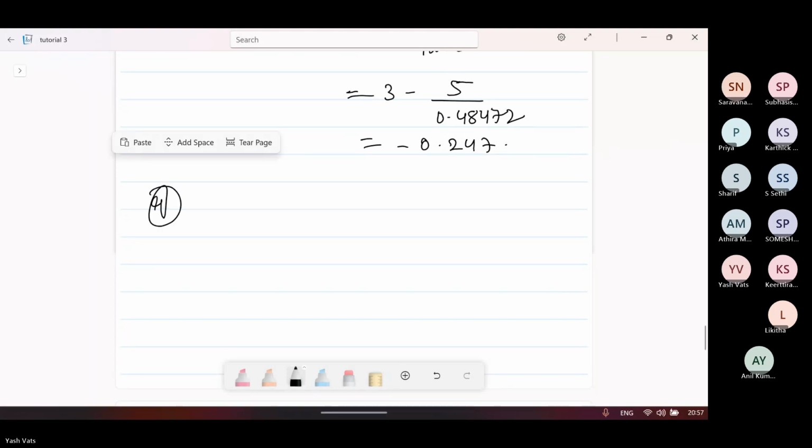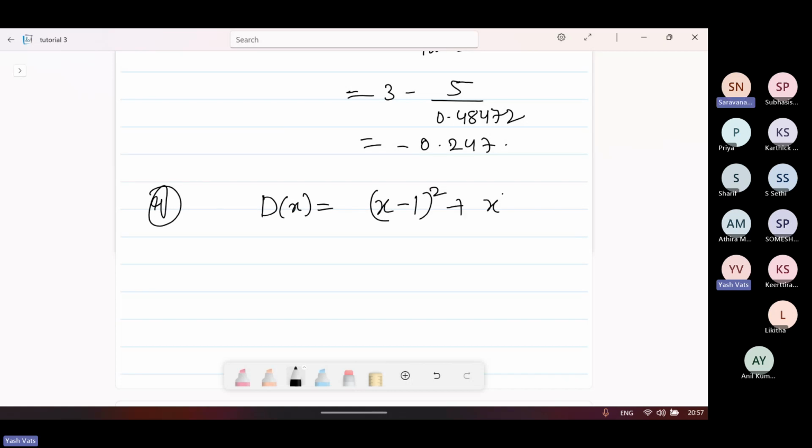So the distance function is d(x). How do you define it? It is (x minus 1) squared plus (x square) squared. Is it right?